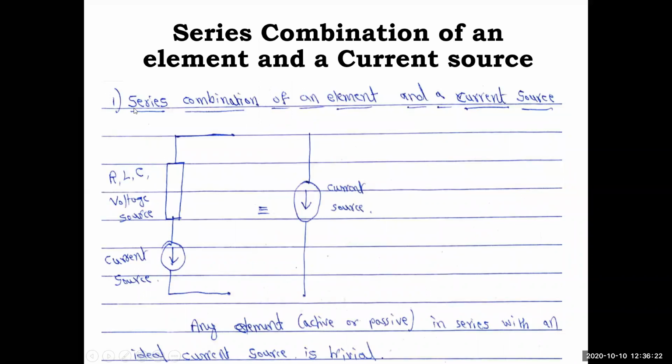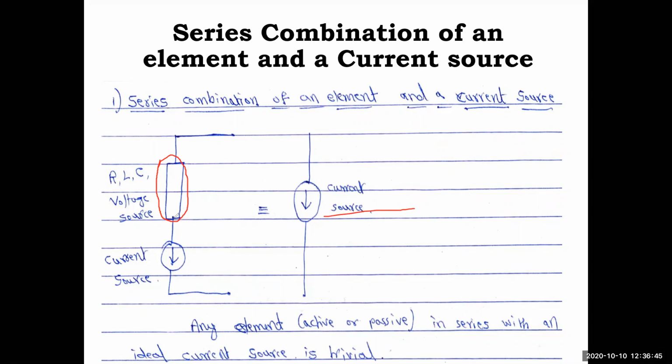The first important property is the series combination of an element and a current source. If you have any element other than a current source, it may be a voltage source, resistor, inductor or capacitor, which we write as an element here. An element, RLC or voltage source, in series with a current source is always equal to the current source.